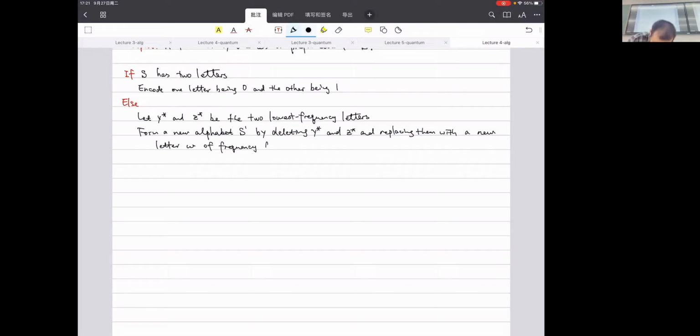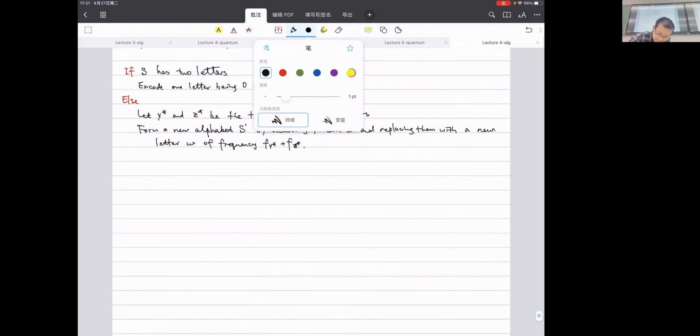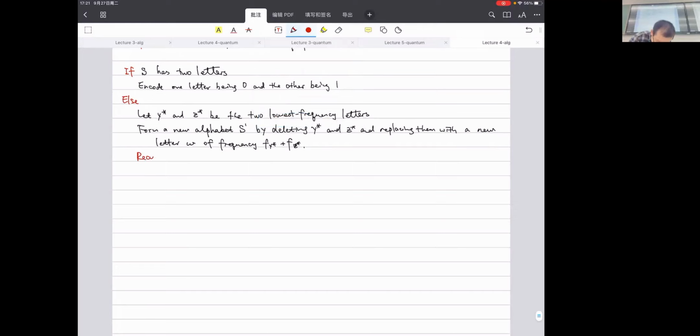You just add them together. And then we recursively call Huffman's algorithm with input S prime, this new alphabet. Let's say the output binary tree obtained is T prime.